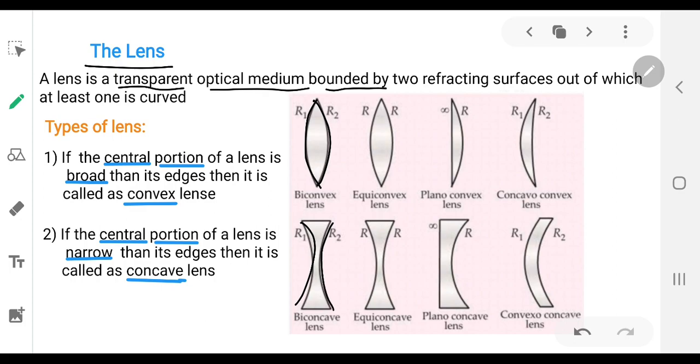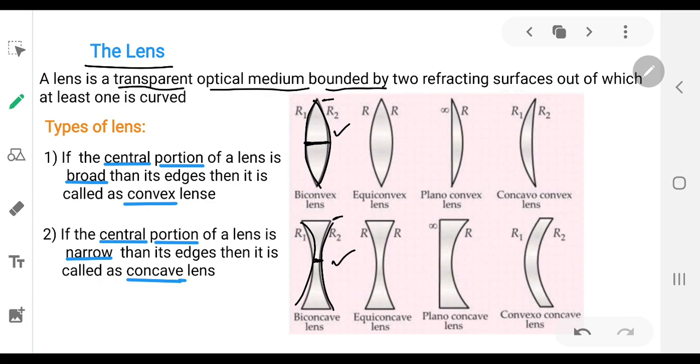If the central portion of the lens is broader than the edges, then it is called a convex lens. If the central portion of the lens is narrower than its edges, then it is called a concave lens. Mainly it is classified into convex lens and concave lens.